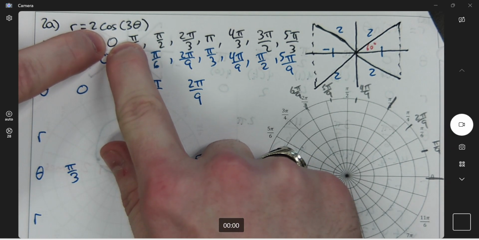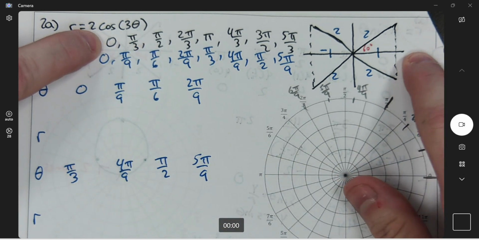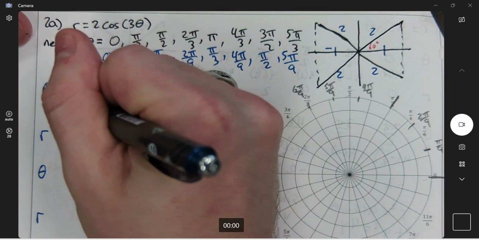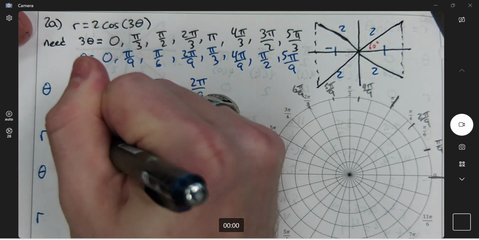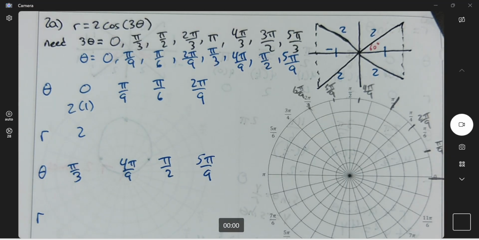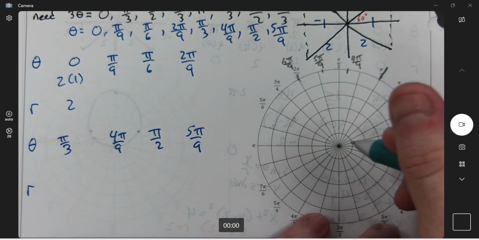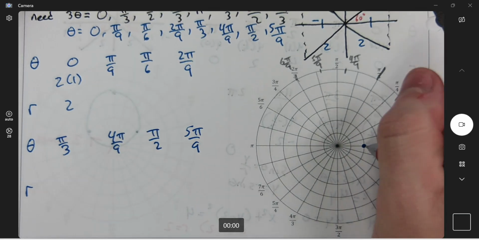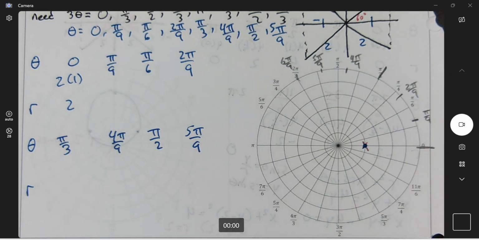We're actually evaluating cosine at 0, which is here. Cosine of 0 is 1. So this gives me 2 times 1, which is 2. We begin at the coordinate 2, 0, which will be right there. I think it's important to know where you start, so I'm going to put a marker of some sort, letting me know that was where I began.